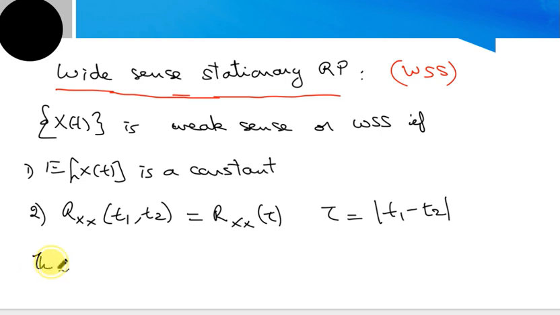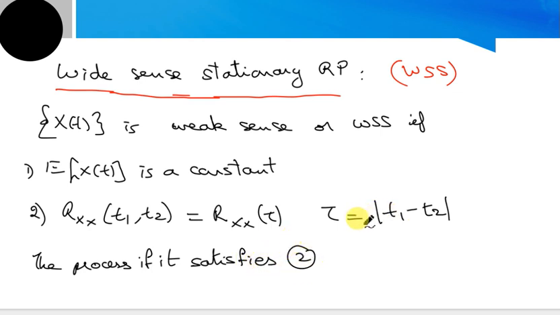Also, if the process satisfies two, we say it is stationary in autocorrelation.